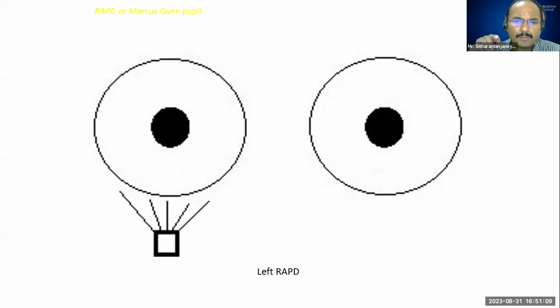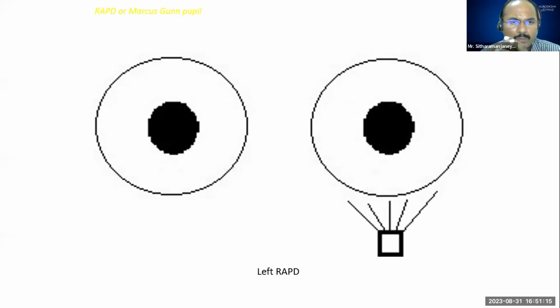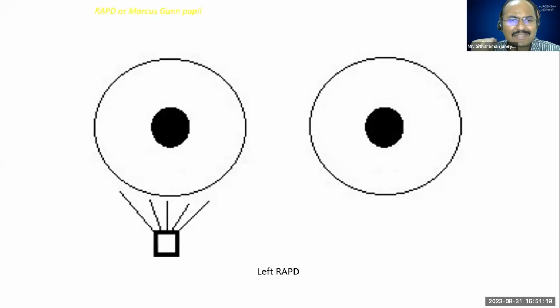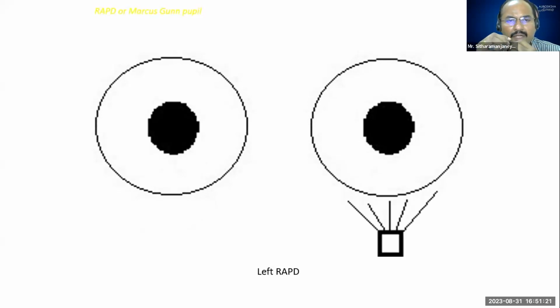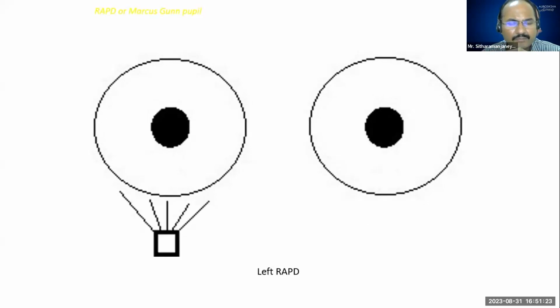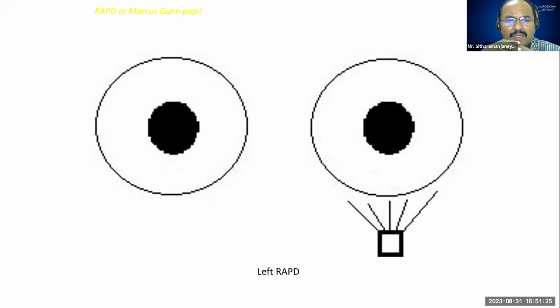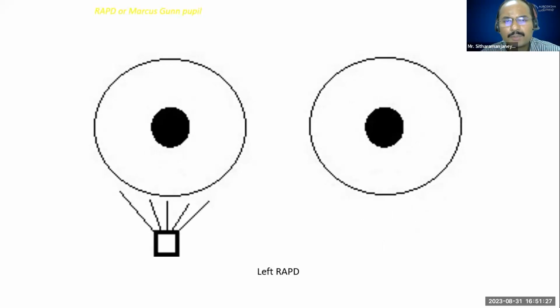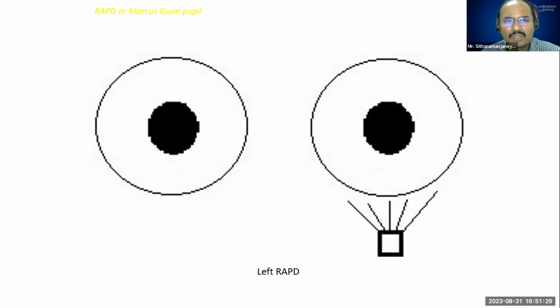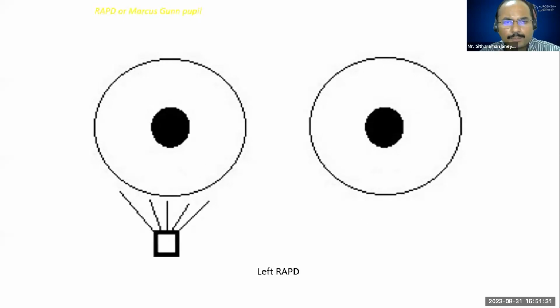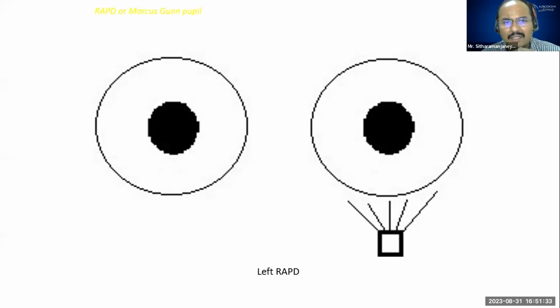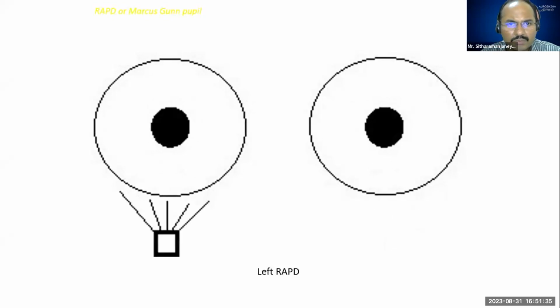And the last important one is the RAPD test. If you have an ophthalmoscope or a good torchlight, do the pupillary examination and see the pupillary response with the torchlight. Generally the pupil should constrict when you show the torchlight, but if the pupil is dilating, that is the indication of RAPD positive.